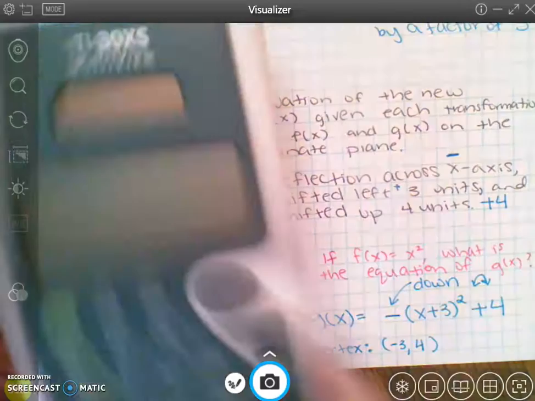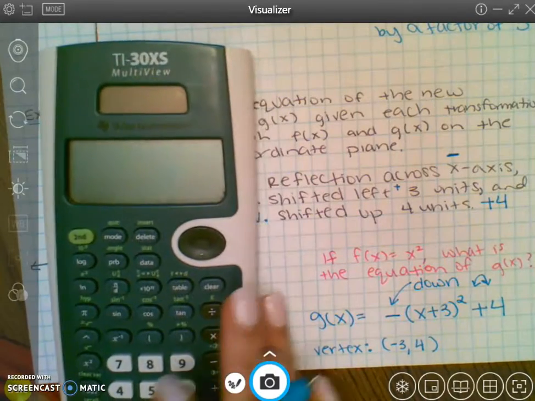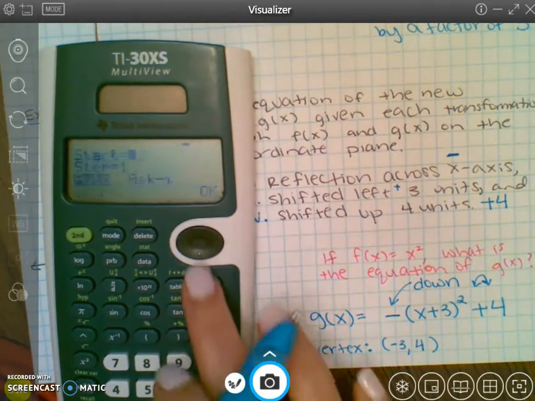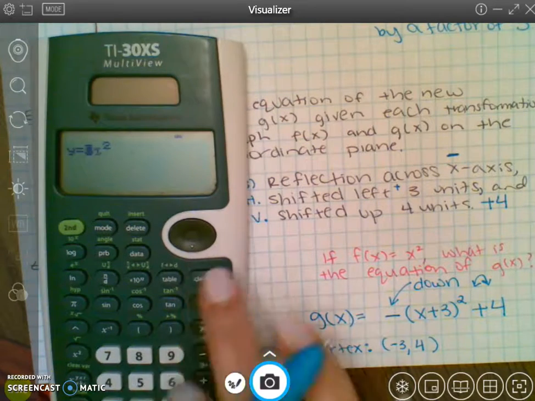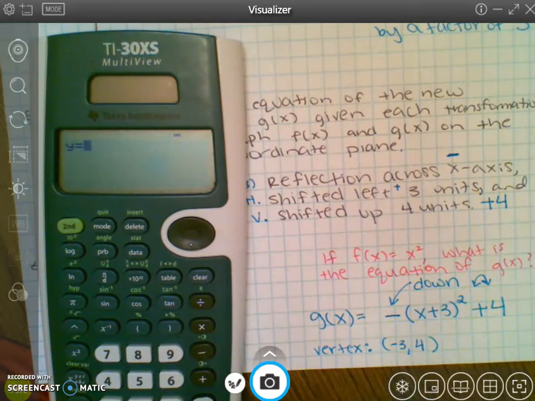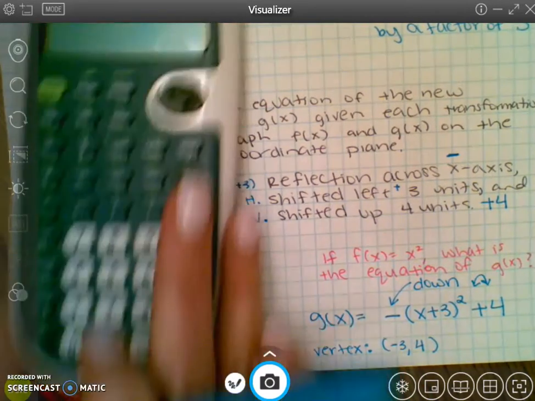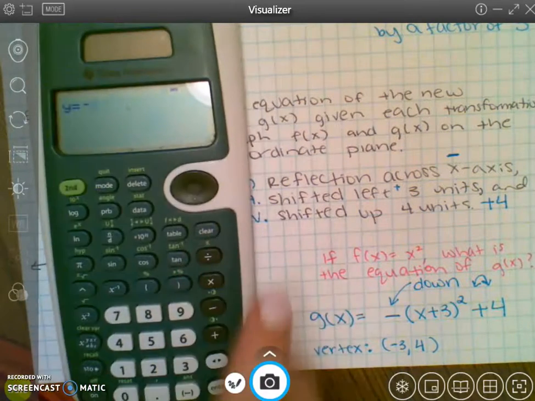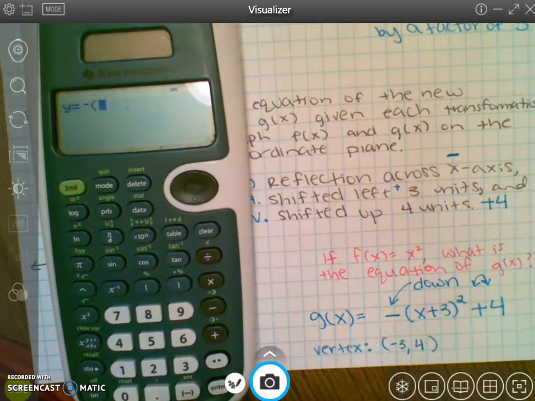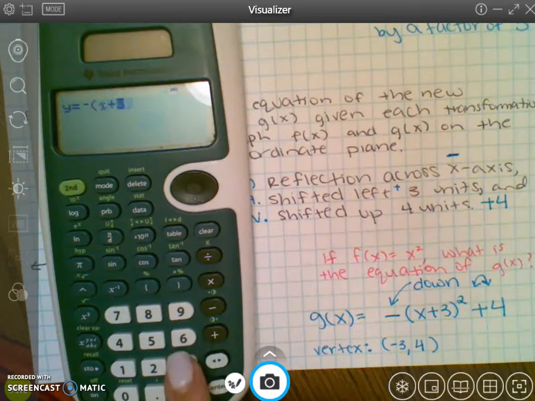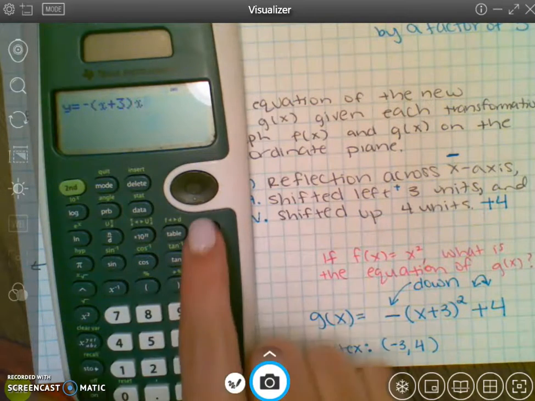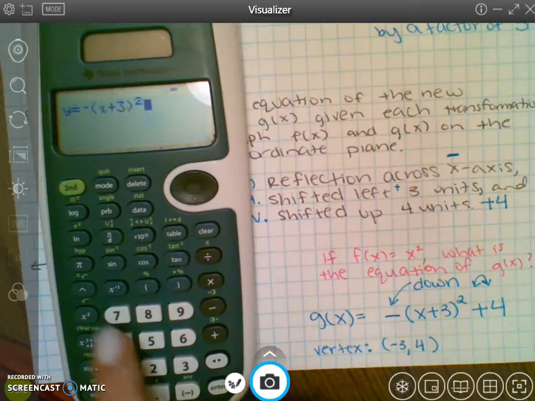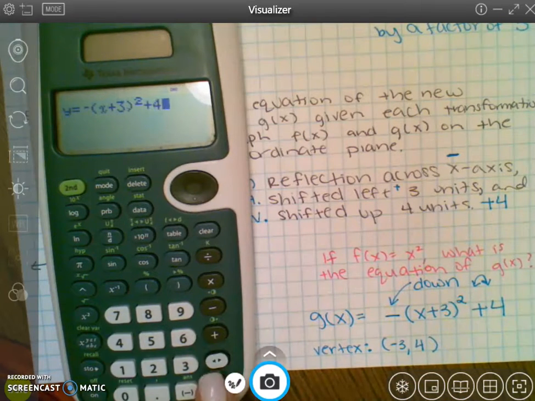Okay, so then I'm going to use my calculator again like I did before. Turn it on. Go to my table function, clear that out. Negative goes first, and make sure you're using this negative button, not the minus sign. Okay, so a negative, parenthesis, x plus 3, parentheses squared, plus 4.